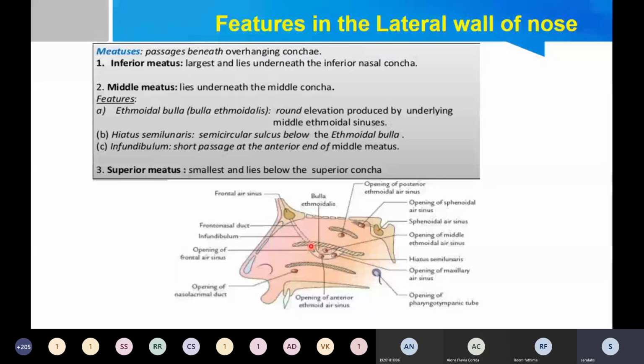When they ask about the middle meatus, you should be able to describe what it is. The middle meatus is a space underneath the middle concha, and there are some features in it. What is the bulla ethmoidalis, what is the hiatus semilunaris, and what is the infundibulum, and you should be able to tell what are the sinuses which are opening into the middle meatus of the nasal cavity.